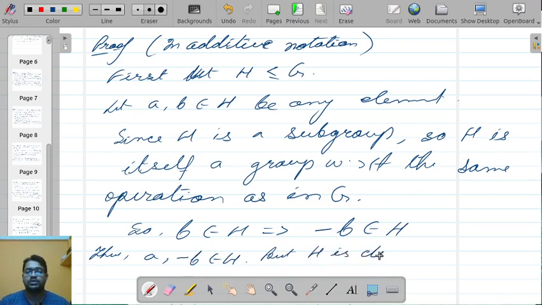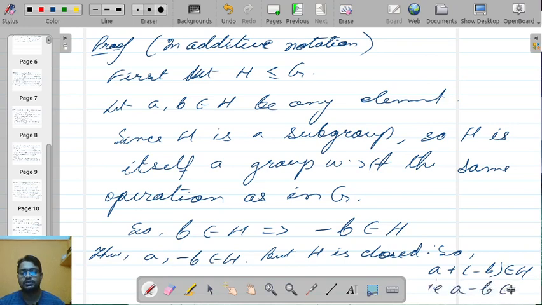H is already given to be a group because H is a subgroup, and H is closed, so A plus minus B is in H. That is, A minus B is in H.